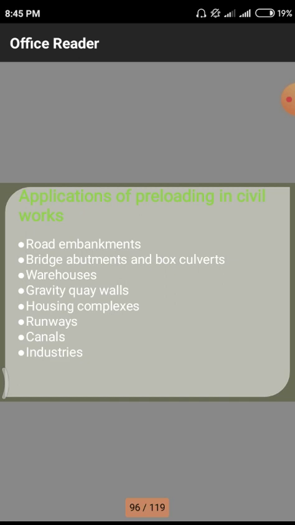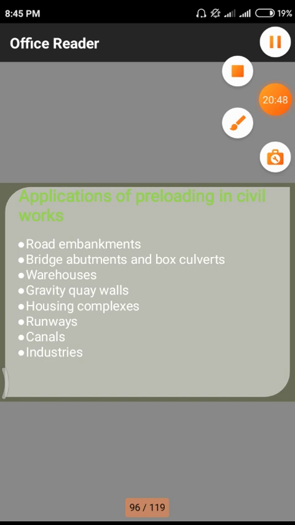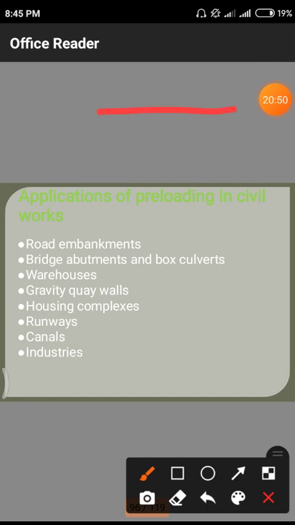Next one we are having is the bridge abutments and box culverts. Bridge abutment means, definitely these bridge abutments were constructed. This is a particular bridge. All those other supports at particular entrance conditions and exit conditions, we are having these concrete lineups.